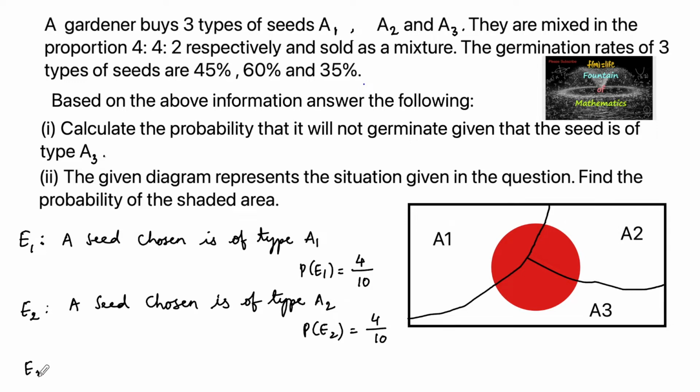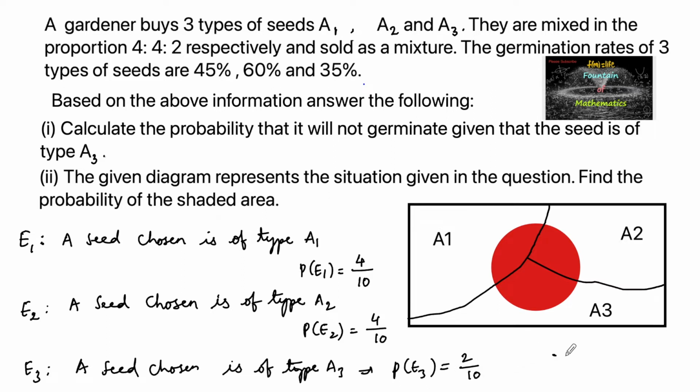And then event E3: a seed chosen is of type A3, which implies that the probability of event E3 is 2 out of 10, since the ratio is 4:4:2. The total parts are 10.